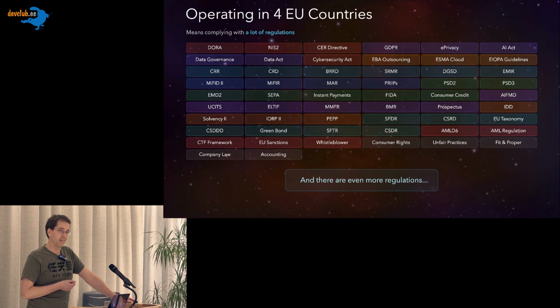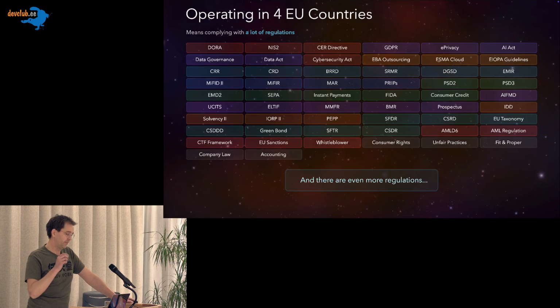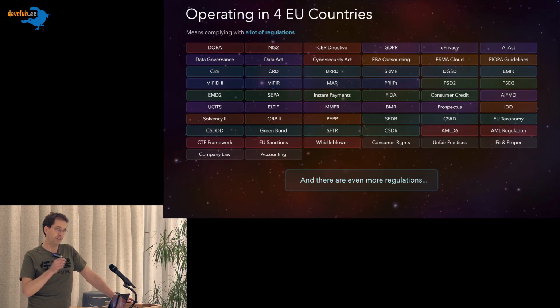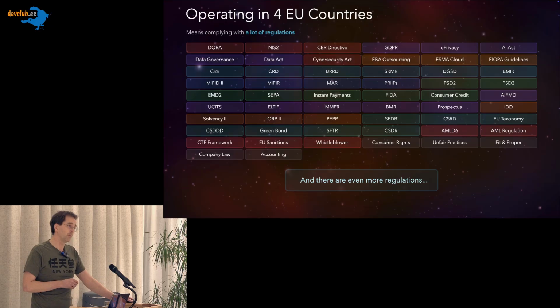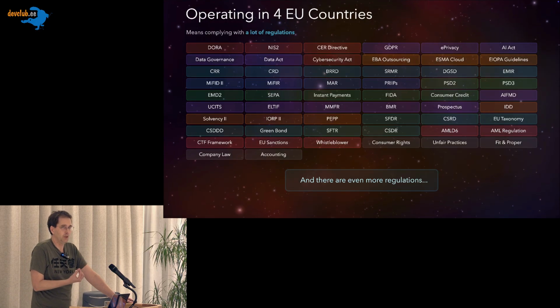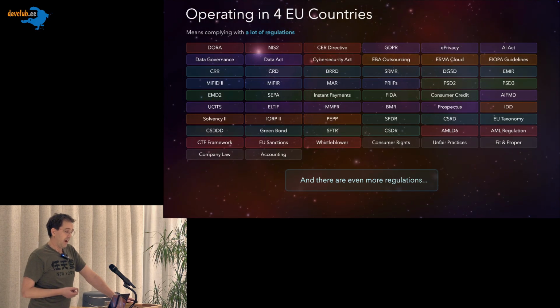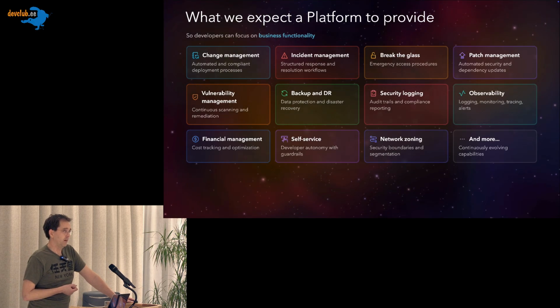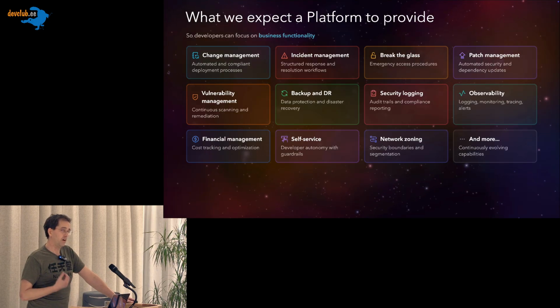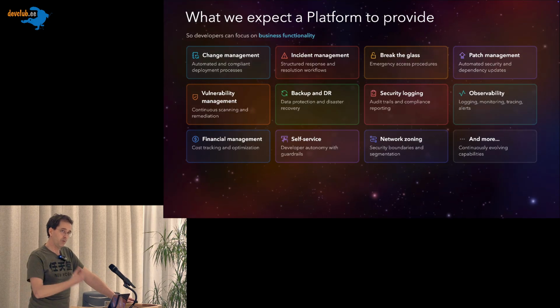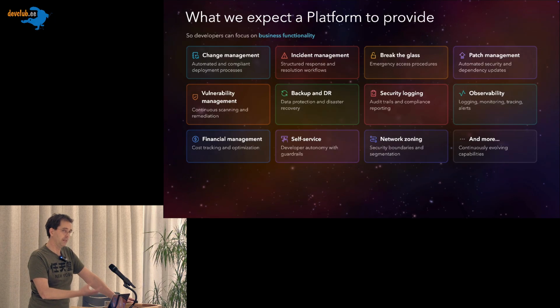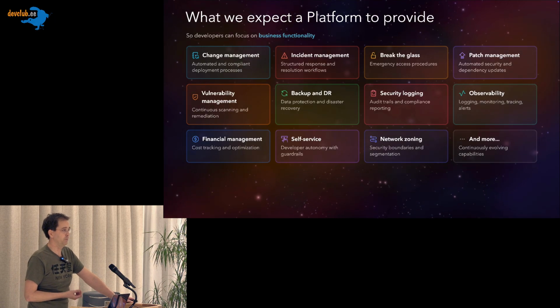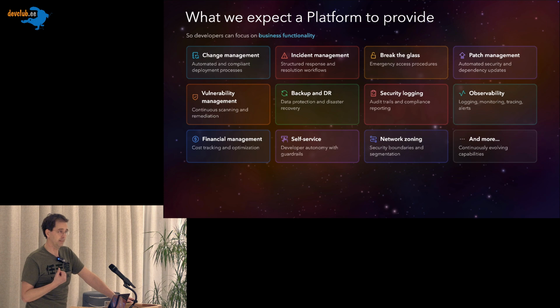So this is just a part of them. But each of these might say certain things that each team needs to comply with, as we as an organization need to comply. So what I've been pushing quite hard for a long time is that the teams that are delivering the platforms to other teams to build services on them, they need to take responsibility to make these type of things easier.